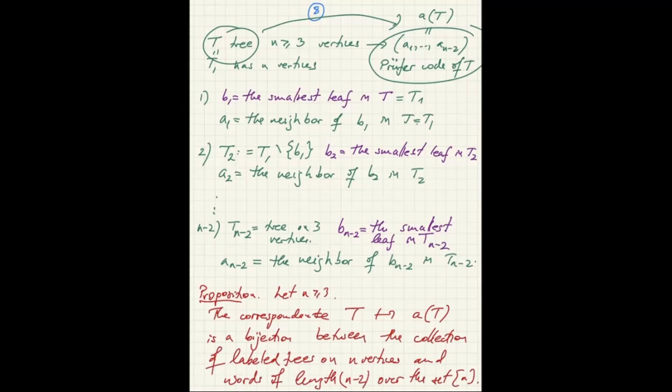And so the way to prove this is to show that, if you give me any tree, it's clear that this is well defined. You get some word, an n minus 2 tuple with entries in the set 1 to n. But what I want to show is that this function has an inverse.